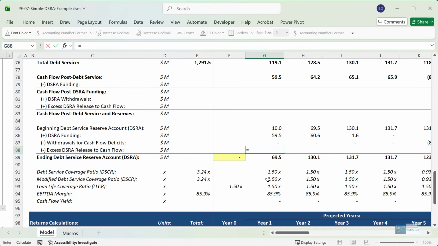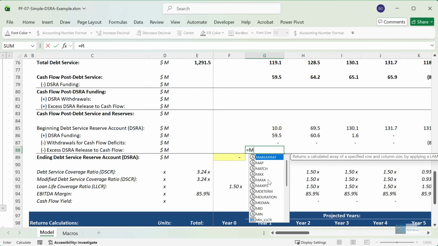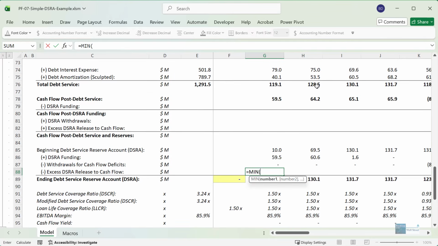To do this, you can look at the upcoming debt service minus the DSRA, and if this is ever negative, then you should just release all of this to the cash flows instead. And this will also ensure that when the debt is completely repaid, then the entire DSRA is simply released to the cash flows. So we'll take the min between this and 0.